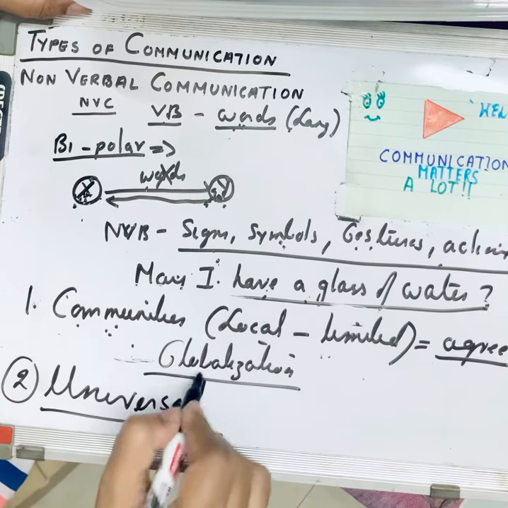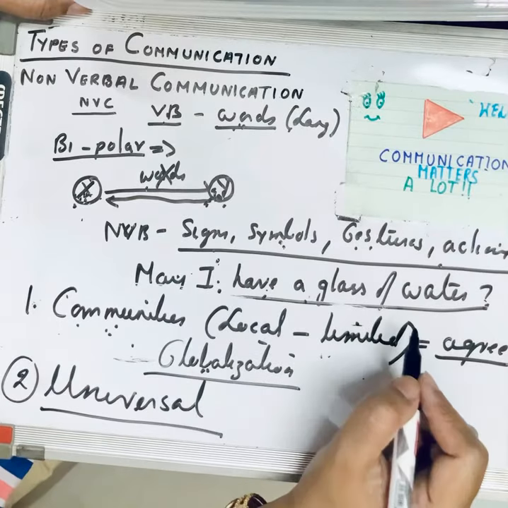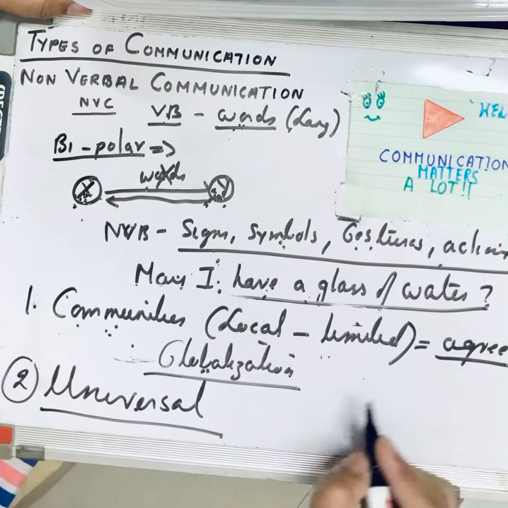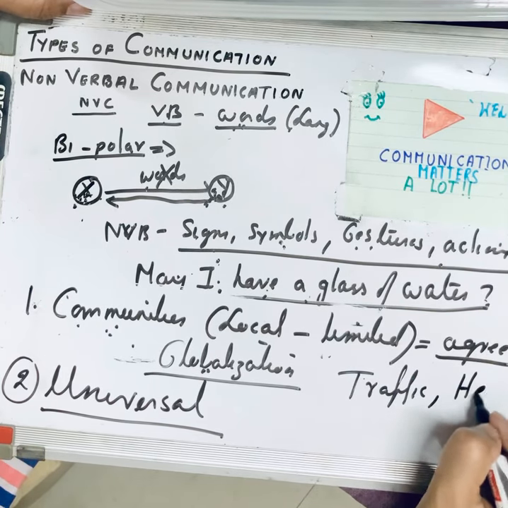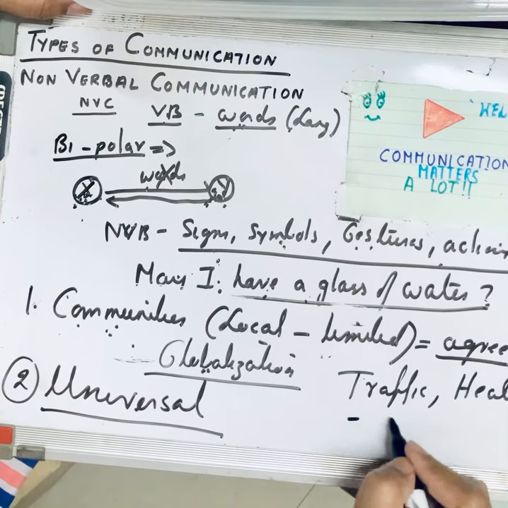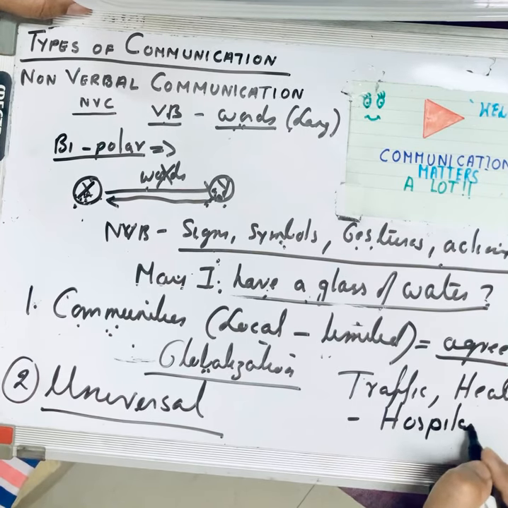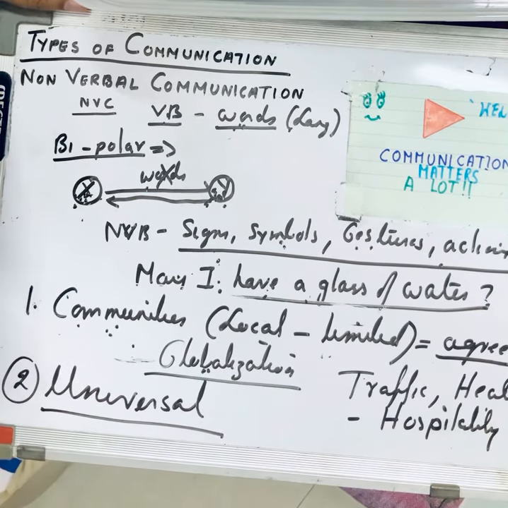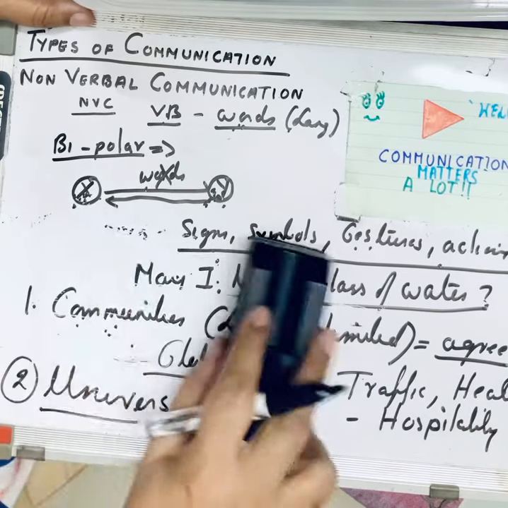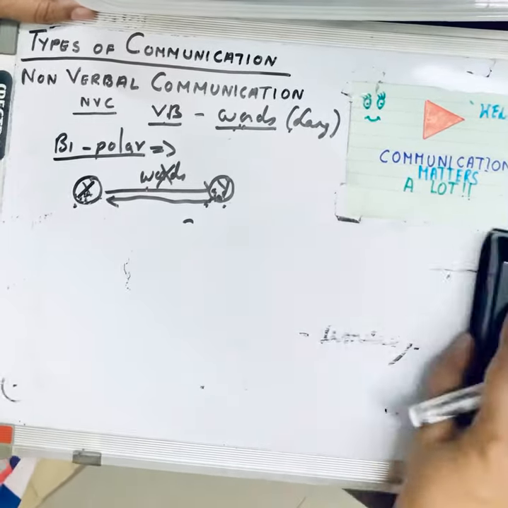This universal agreement is globalization in non-verbal communication, and here we have contexts like the traffic signs, we have health symbols like hospitals, we have hospitality like hotels, dinings and so on and so forth, which has become a global repository of signs and which is understood by almost every community that is living in the world.